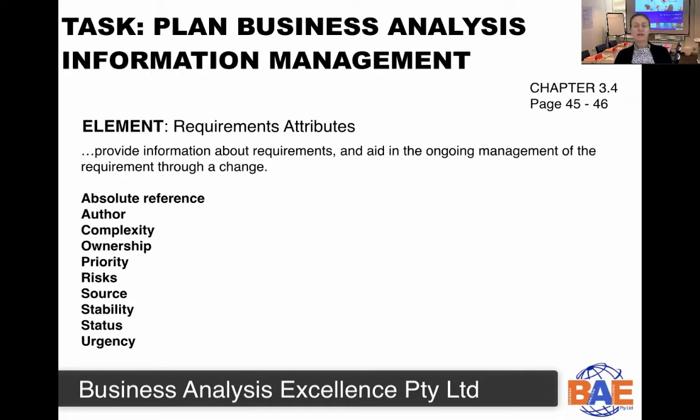You can look throughout the BABOK guide. They've got a lot of different statuses that they would associate with different states of requirements. So keep an eye out for that. And then the last one, urgency. How urgent is this requirement to be implemented for their stakeholder group? So how urgent do we really need this requirement to go live?